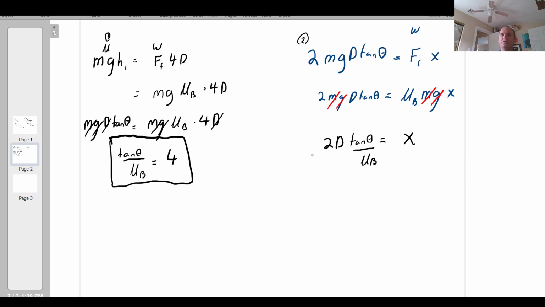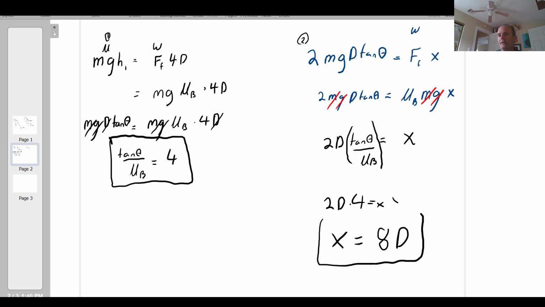The last step is we can substitute this in. If tangent of theta is mu over 4, I can sub that in, and I get 2D times 4 is equal to x. So therefore, you can see x is equal to 8D. We derived the expression for that block coming to rest.